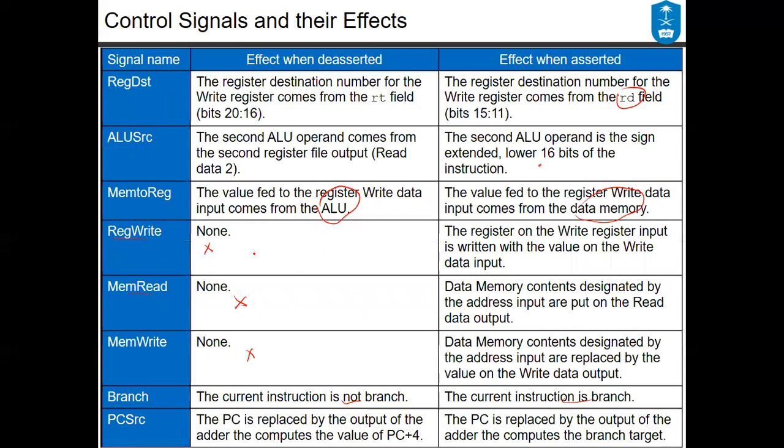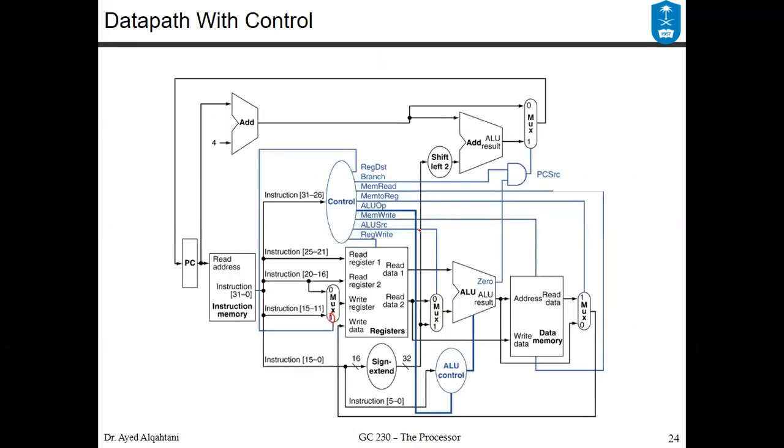Going back, the ALU source here should be 0, meaning that you need the second operand coming from the register file, because you need the data of the RS and the data of the RT, and you supply them to the ALU. All of the R-type instructions have to do this.